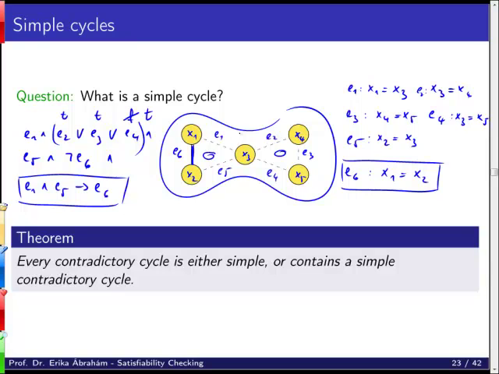First, we have seen that we only need contradictory cycles. And secondly, for non-simple ones, for example, this big one is also contradictory. But for each big one, there is a smaller part which is contradictory and which is simple. Simple means that one node does not appear twice. For example, this cycle would contain x3 two times.